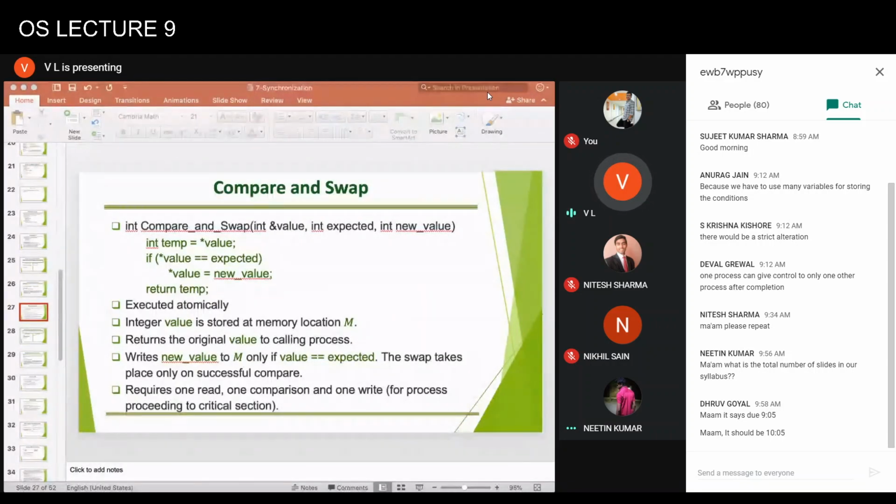Then third, process management will consist of two parts. One is the processes themselves, which we have already done, and then process synchronization, which we are talking about right now, the critical section problem. We will be going for some classical problems, and then we'll be having deadlock and livelock.